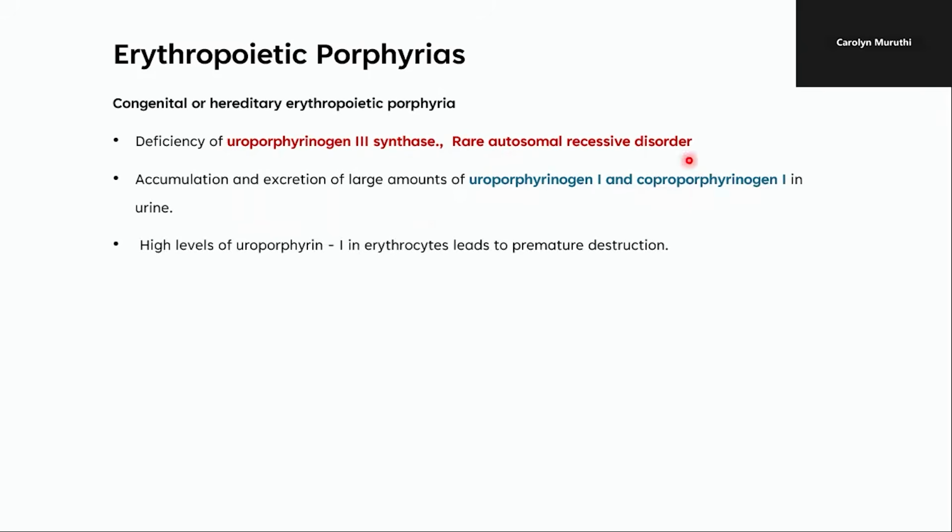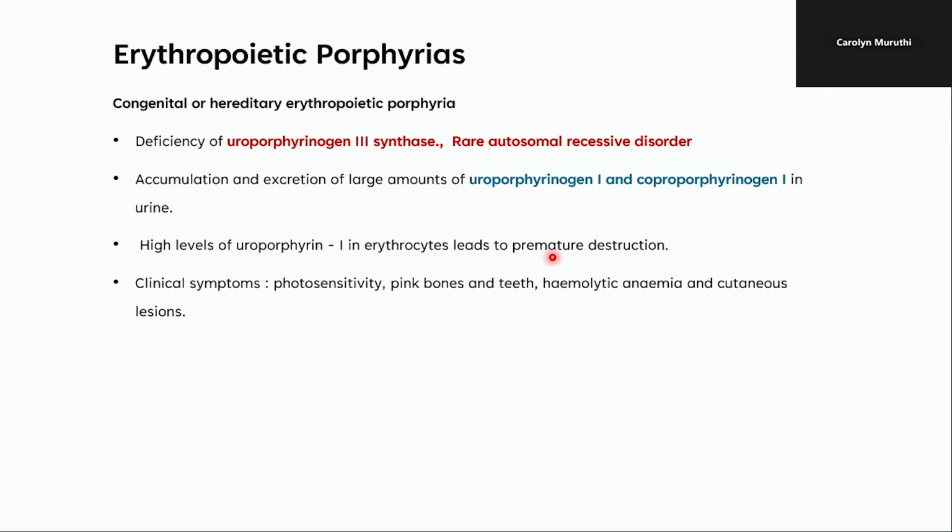It's also important to note that high levels of uroporphyrin 1 in erythrocytes will result in premature destruction of the RBCs. Clinical symptoms associated with this disorder include photosensitivity, hemolytic anemia, and also the bones and teeth may gain a pink color.